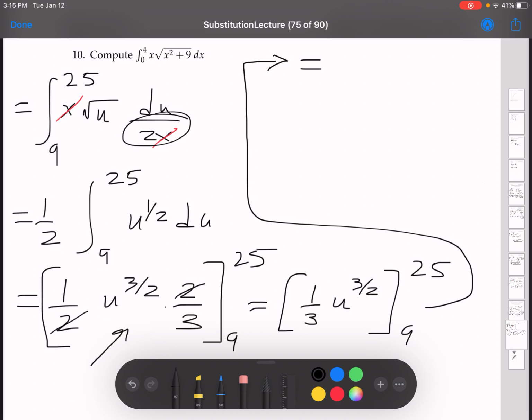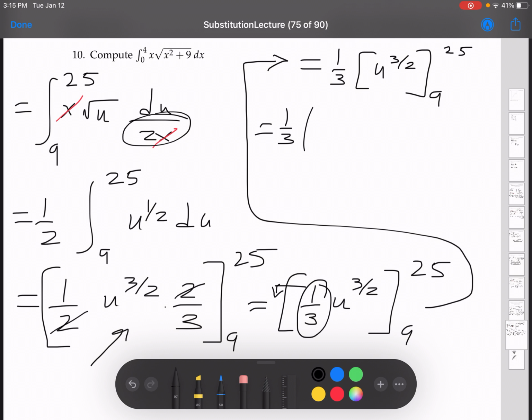Now remember, I like to pull these things out like that. So I'm going to write this as 1/3 u to the 3/2, 9 and 25. This is equal to 1/3 times 25 to the 3/2 minus 9 to the 3/2.